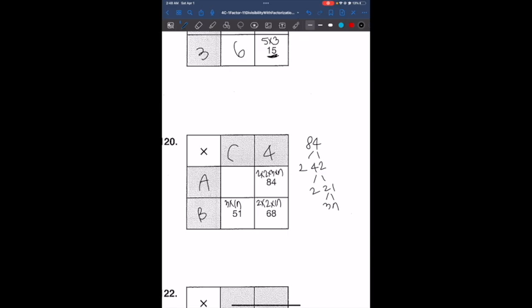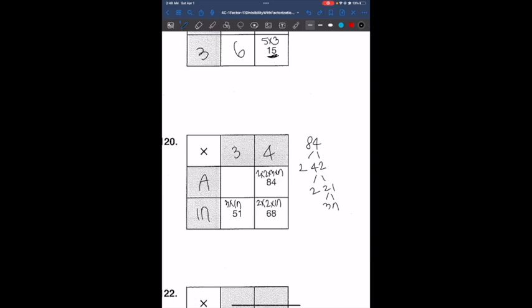And then horizontally looking at this row, 17 is involved in both. So we know that B is going to be 17. And since 17 times C is 3 times 17, C is going to be 3. And to confirm, 17 times 4 is 68, so that's correct.